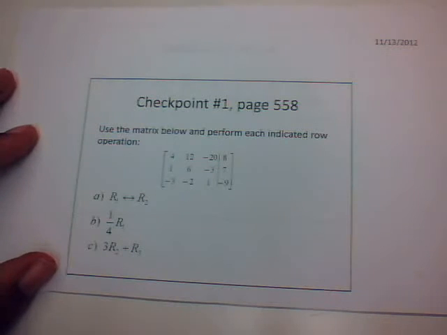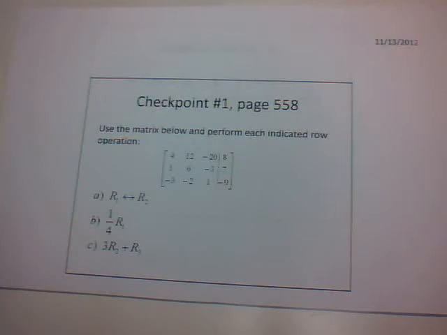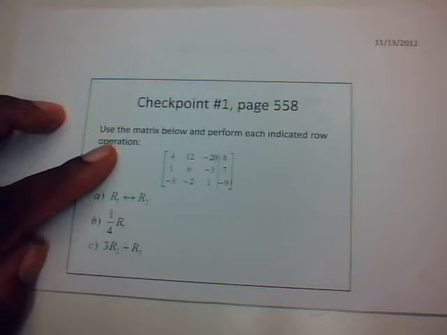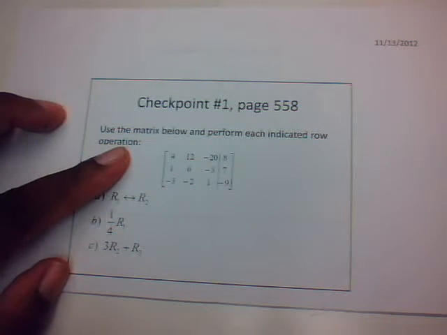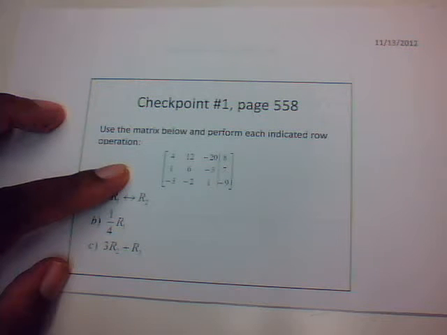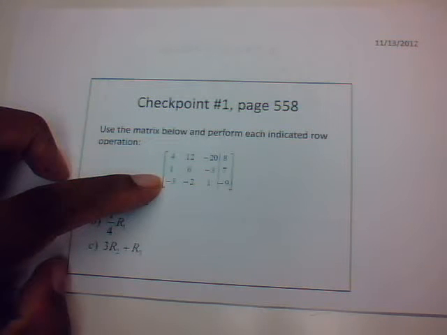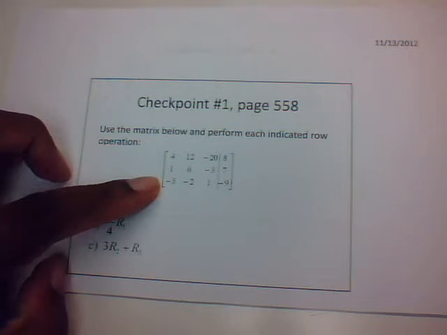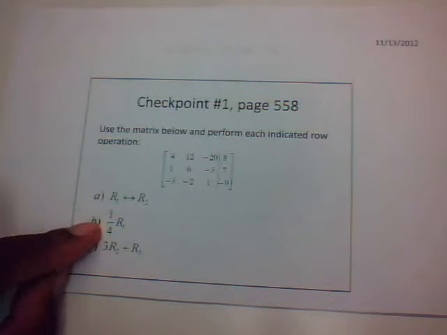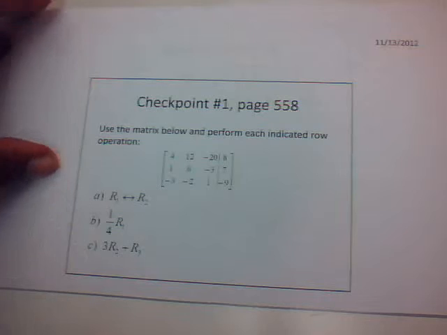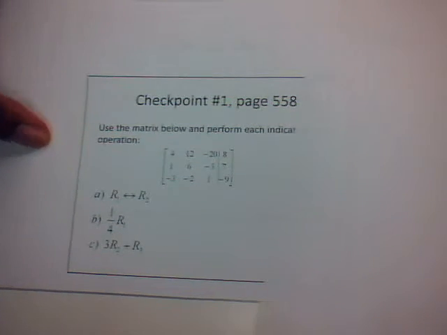Okay. Now let's look at this example here. Here we want to use the matrix below and perform each indicated row operation. In this case here, we've got this particular matrix, and we want to perform these three indicated row operations here. Now what I'm going to do here is rewrite this so that you can see this a little bit better.